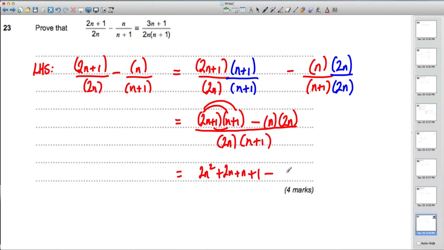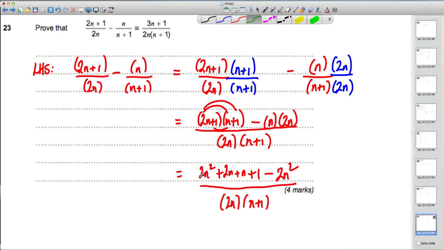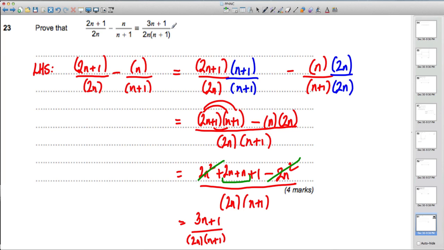Subtract n times 2n, which is 2n squared, all divided by 2n(n plus 1). Look what happens here. The 2n squared subtract 2n squared is nothing, and we've got 2n plus n is 3n, plus 1. So we get 3n plus 1 over 2n(n plus 1). Okay, and we've got ourselves the right-hand side, and we're done for 4 marks.